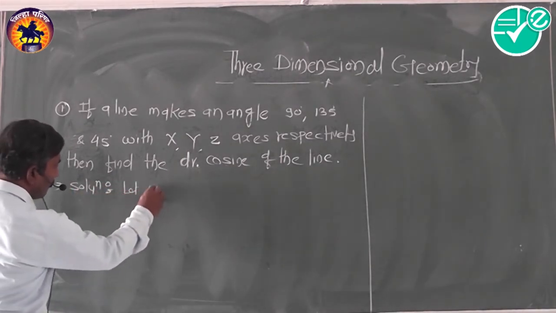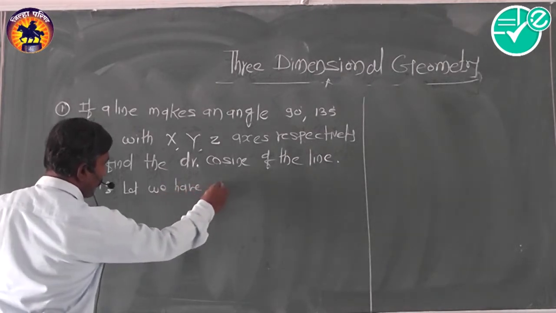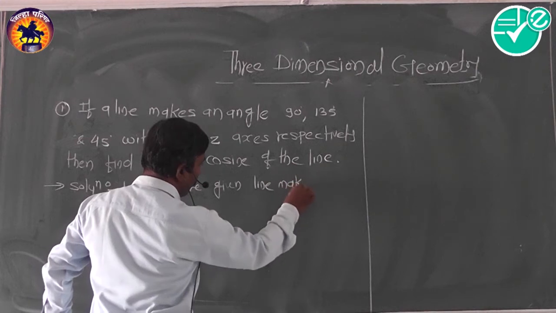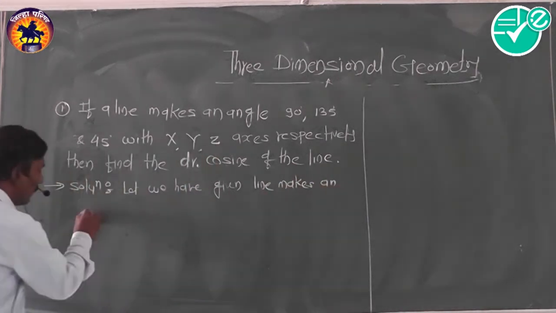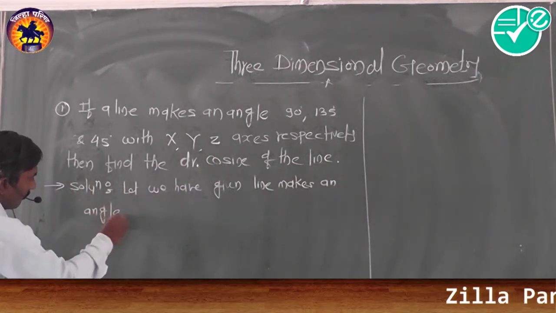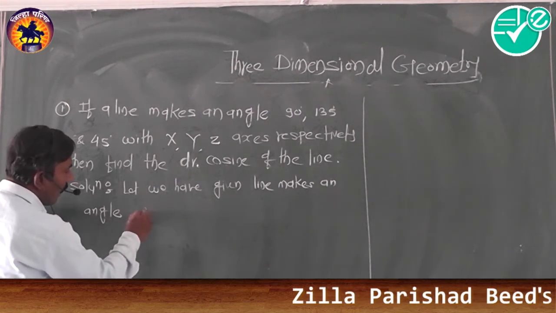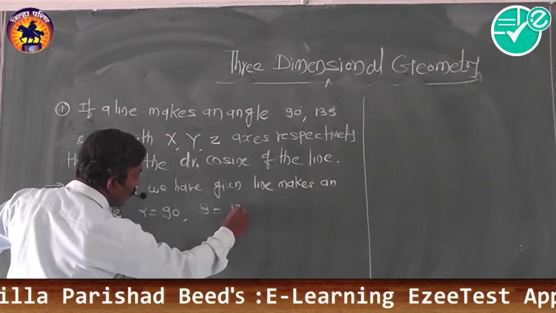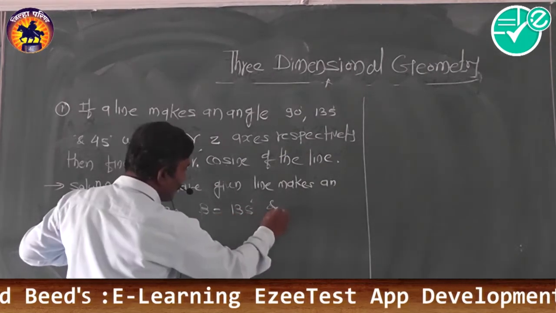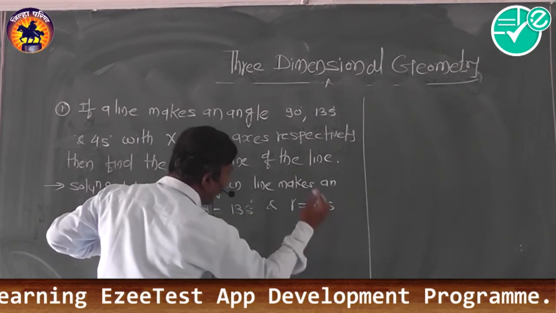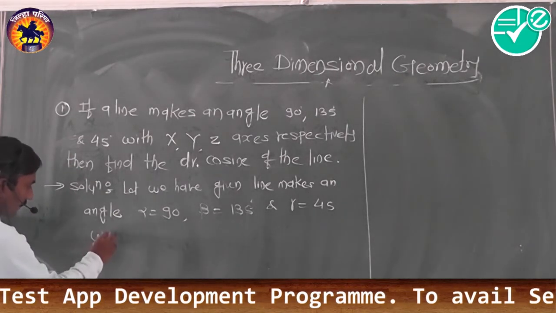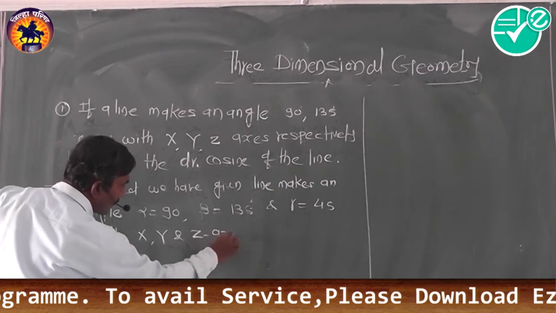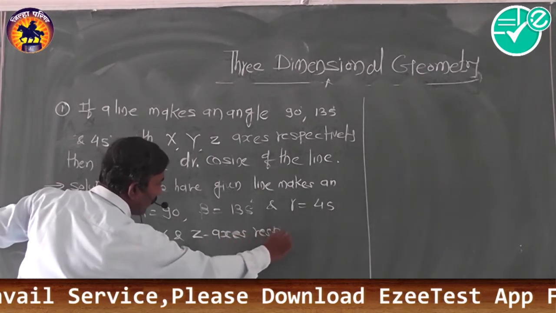We are given that the line makes angles alpha equal to 90 degrees, beta equal to 135 degrees, and gamma equal to 45 degrees with the x, y and z axis respectively.